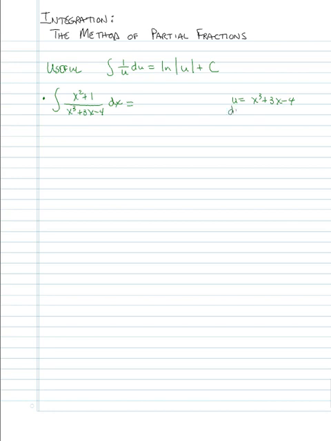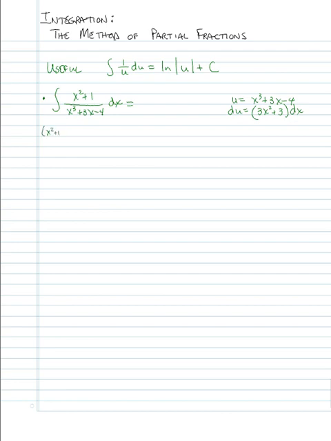Well, when we actually find the derivative to find du, we would get a 3x squared, derivative of x cubed, plus the derivative of 3x is just 3. And of course, the derivative of minus 4 is 0. So we get 3x squared plus 3 times dx. Now the problem is when we look at our integrand, it's just an x squared plus 1. See, we're trying to match to what we have.